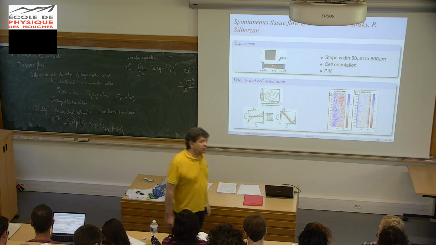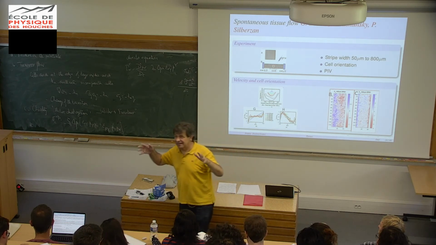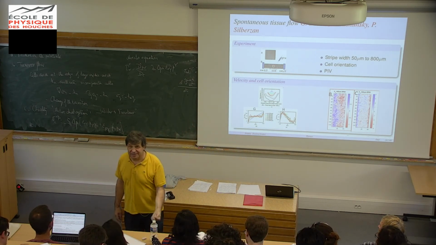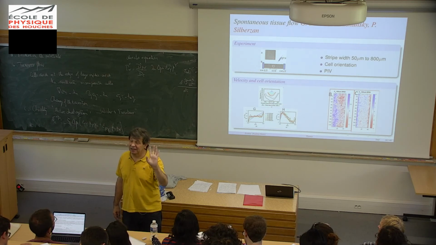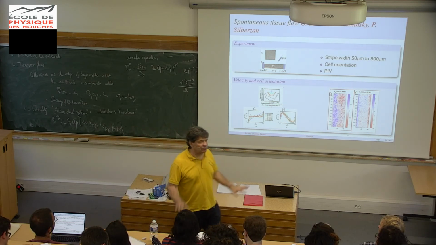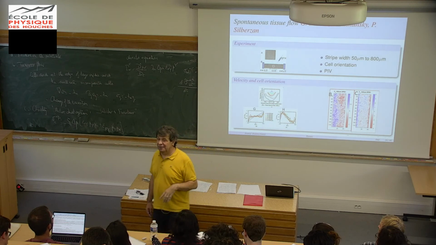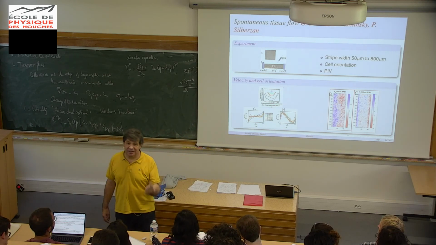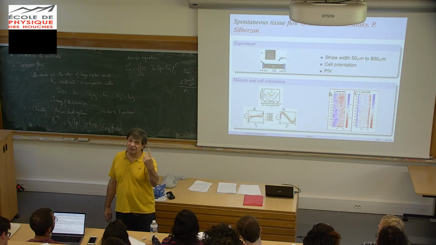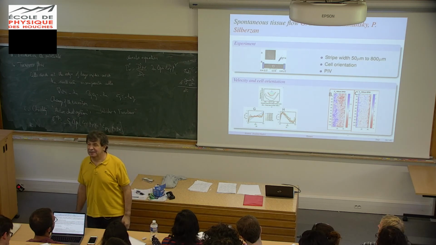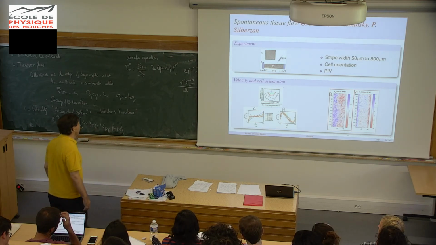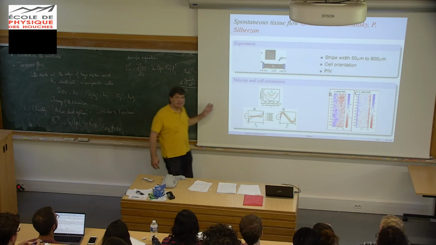So I talked about apoptosis. In cell layers, it's not obvious that the cells are expelled from the layer or whether they die. Depending on the people you talk to, they tell you both. But there are several reports now that tell you that if ever they are expelled, they are extruded from the layer. They do it at defects. So in this sense, it would have some importance to look at the defects.